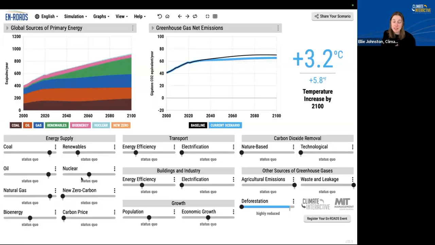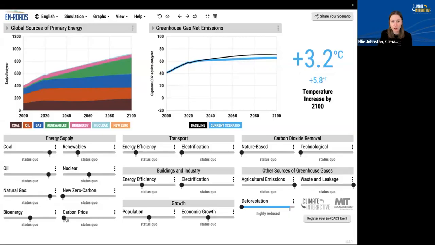And the way a simulator works, we work really hard to ground it in the best available science. We're pulling in data from sources like the International Energy Agency, the World Bank, synthesizing it into a tool that is designed for you to use so that you don't have to comb through all of those different research reports and pull it together yourself.